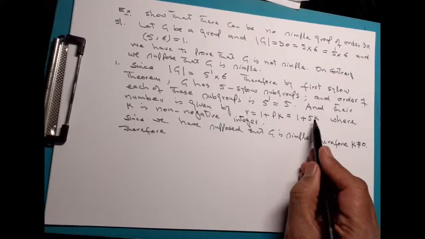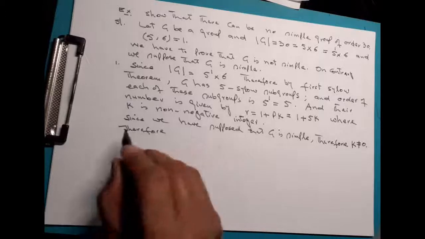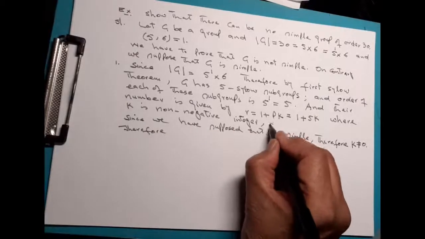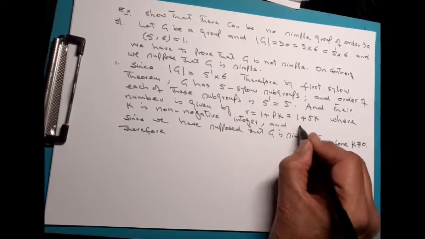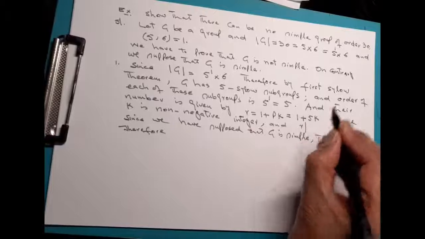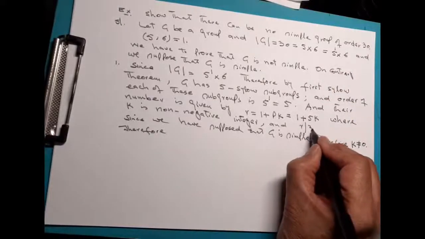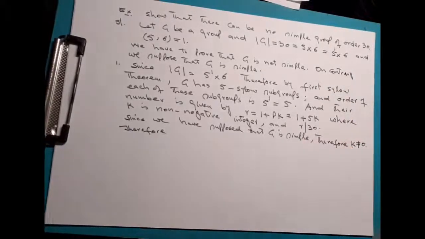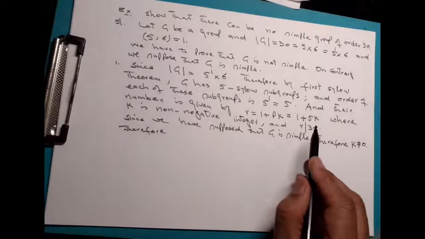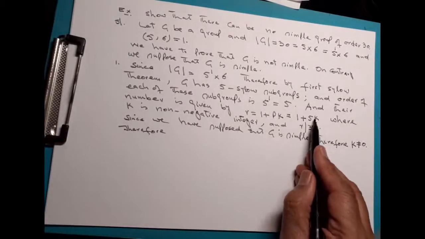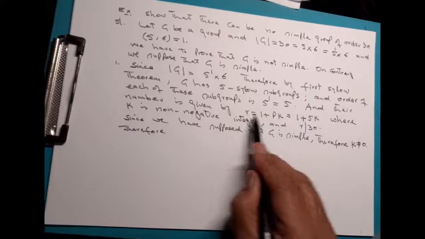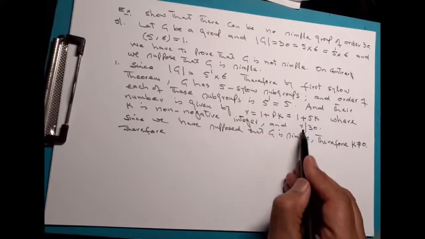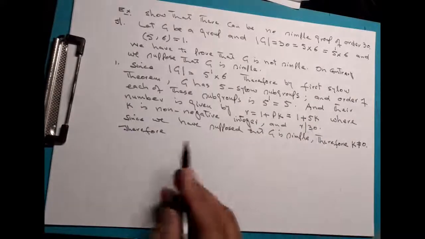Suppose K is equal to 1. One more thing, R divides 30. We should also note that. Anyway, now for K equal to 1, R will become 6, and 6 divides 30.